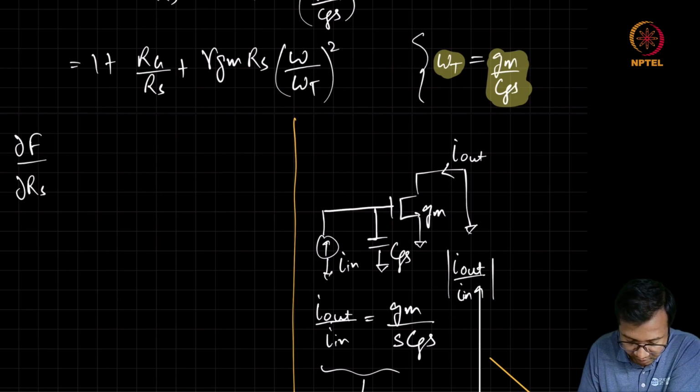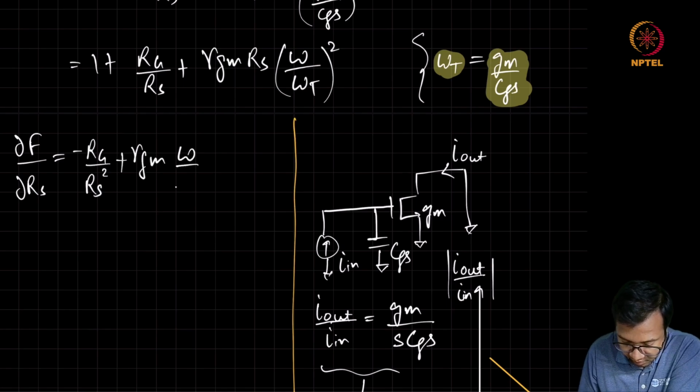So by doing this simple first derivative of F with respect to Rs, we see that it is G by R square gamma Gm square.